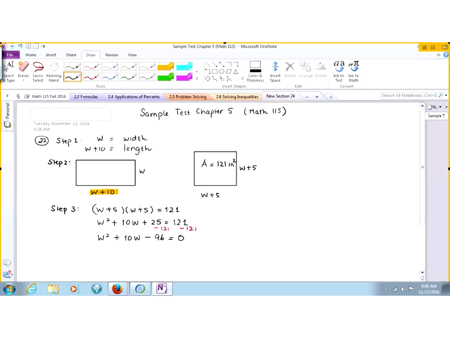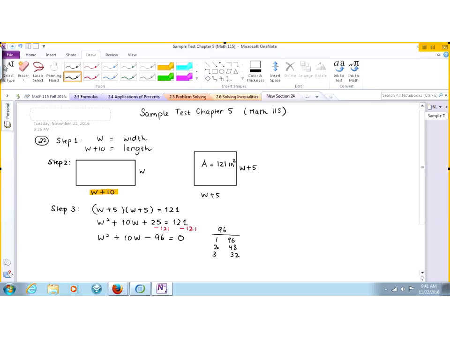Now I have to find two numbers whose product is negative 96 and whose sum is 10. 1 and 96 would work? No. How about 2 and 48? No. What is 96 divided by 3? It's not going to give you 10, right?